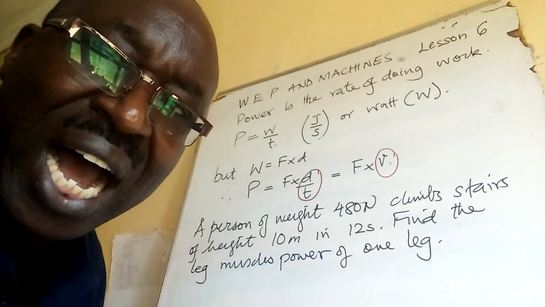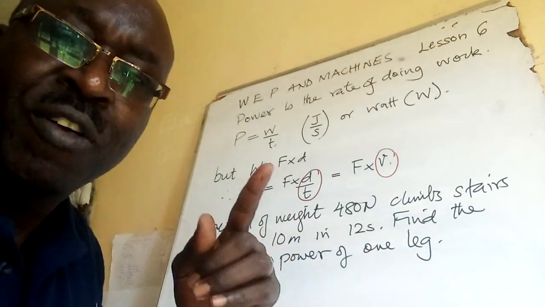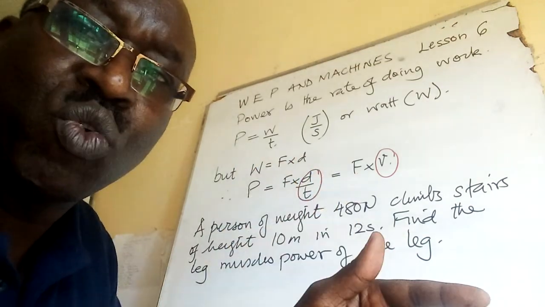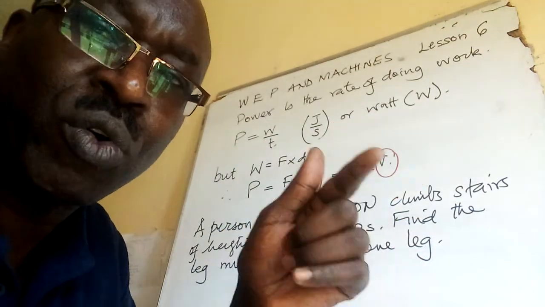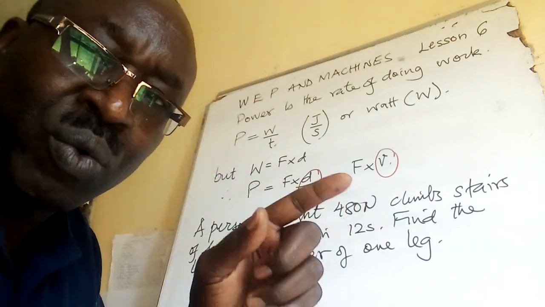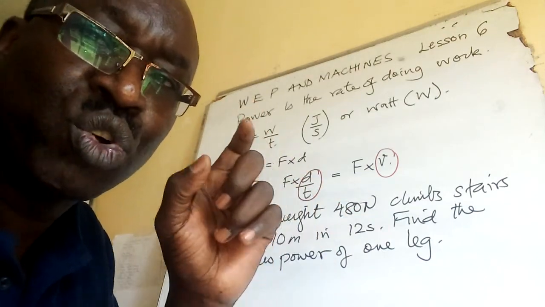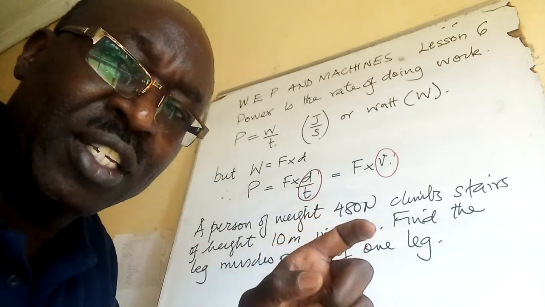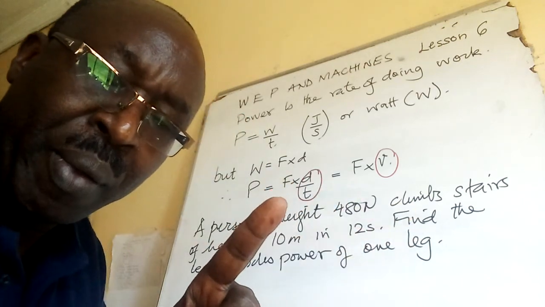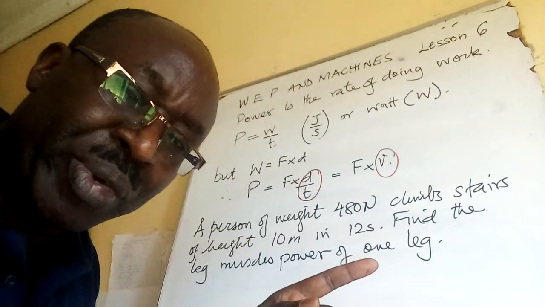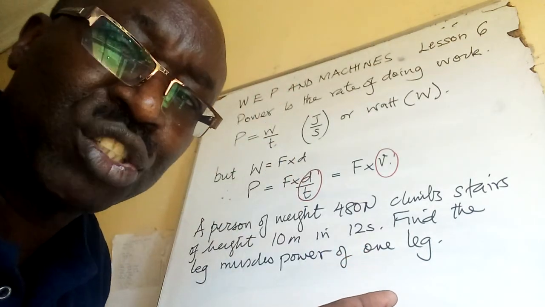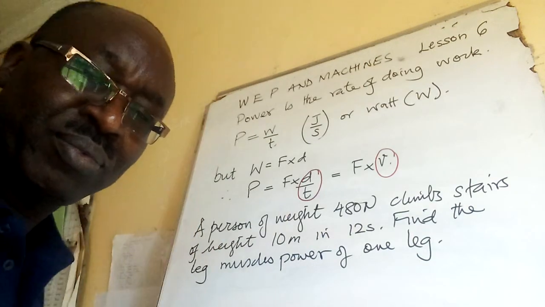Work is done when force applied on a body makes it move in the direction of force. Then there we had a note. Moments is force times distance, but the distance in moments acts perpendicularly to the line of action from the pivot.